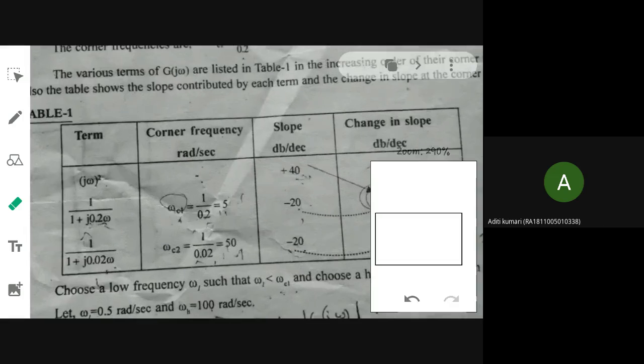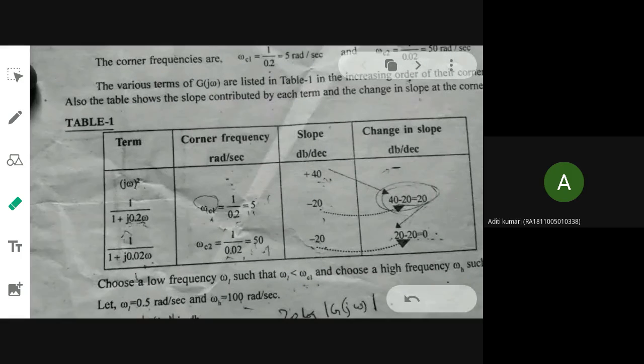So what is the least corner frequency and what term is contributing it? Omega c1. Omega c1 is contributed by what term? That first order factor in the denominator, 1 plus 0.2 j omega, is giving the least corner frequency. So that term should be coming second.